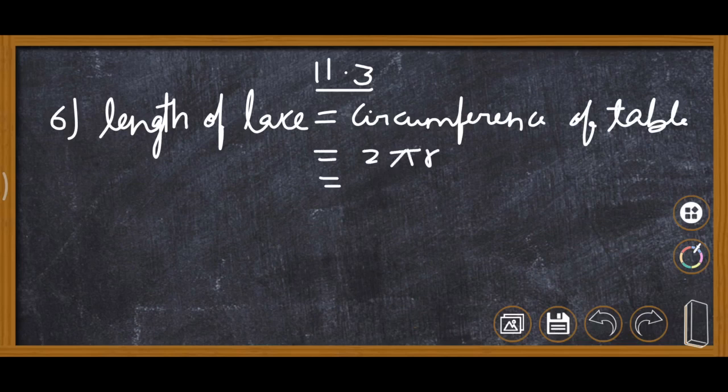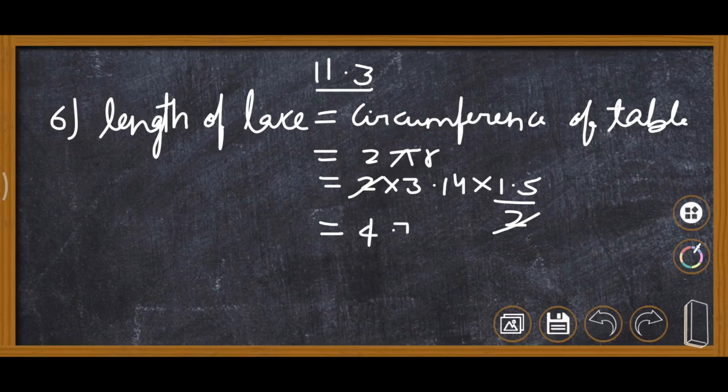In place of pi it is written use 3.14, and value of r: diameter is 1.5, so value of r will be 1.5 upon 2. Now cut 2 by 2. Now 3.14 multiply by 1.5. It is 4.71 meter.